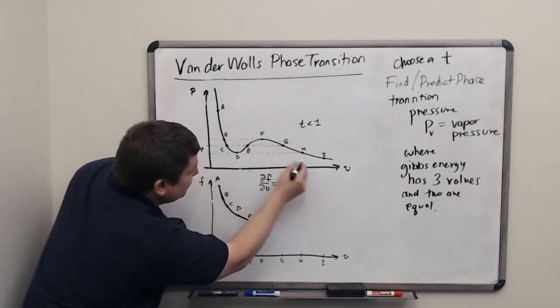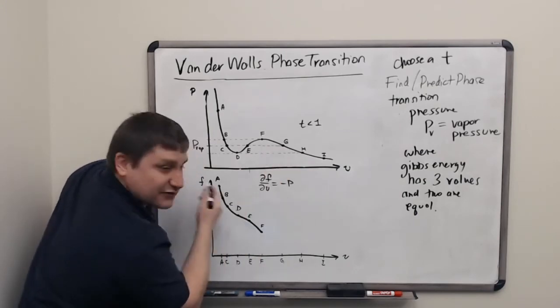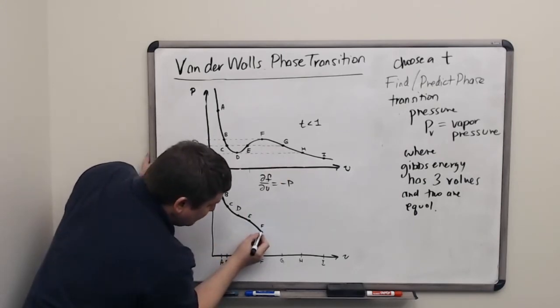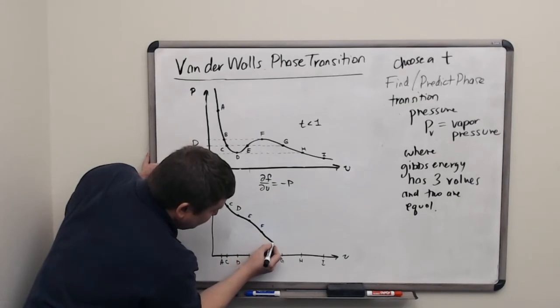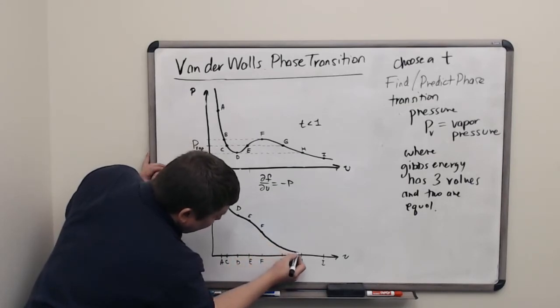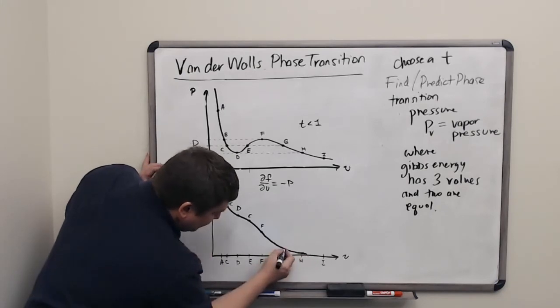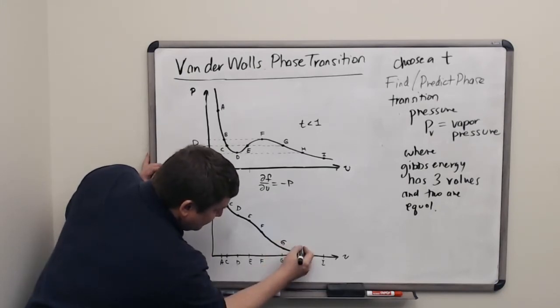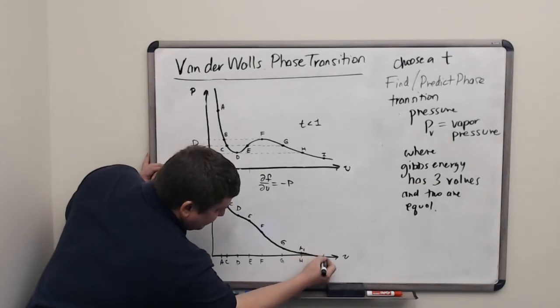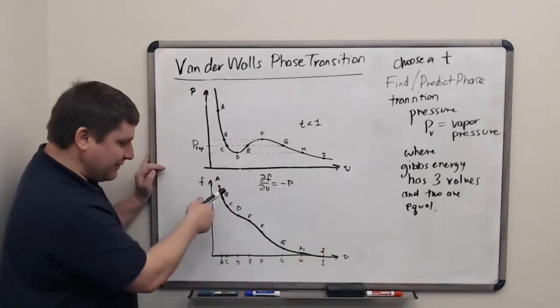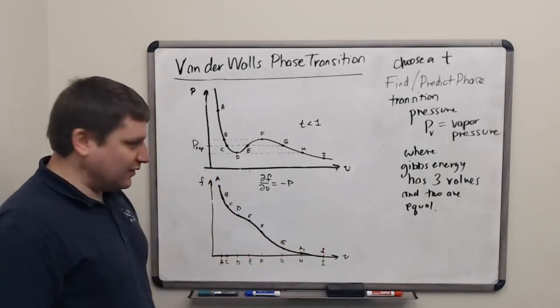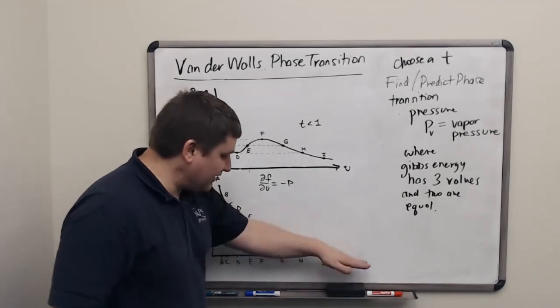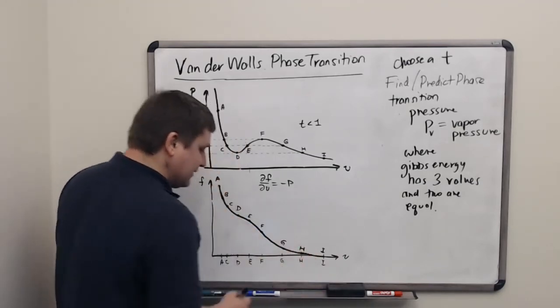Still, it's a positive pressure, so still we have a decreasing function. But now we're going to have something like this all the way out. All right, so there's location G, H, and I is way down there. The Helmholtz free energy can become negative, so this doesn't have an asymptote. It actually behaves logarithmically out at high volumes.